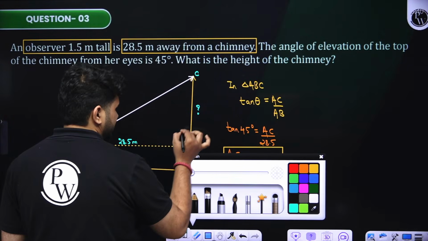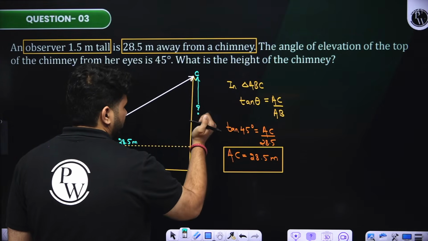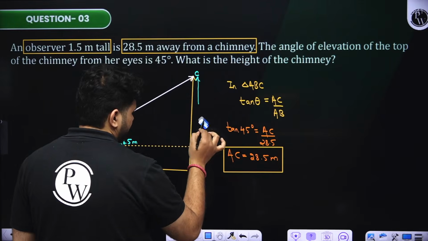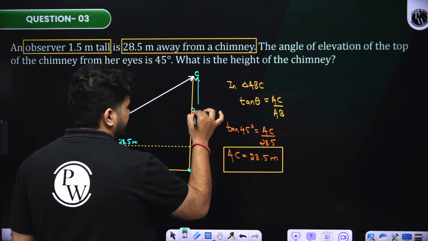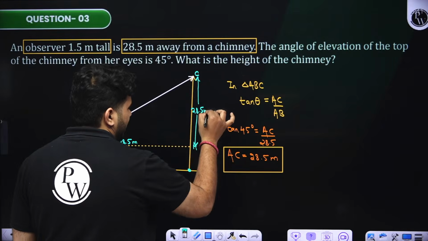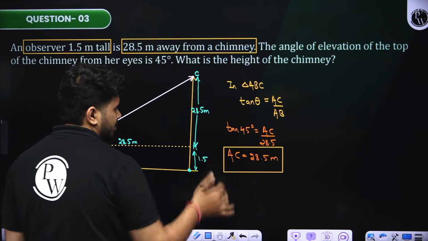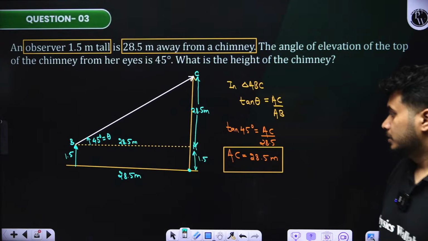So what will happen now in that case? This, starting from C going up till A, we have nothing but what? 28.5 meters. And this is how much we are adding? 1.5. So total how much? 29.5, sorry.